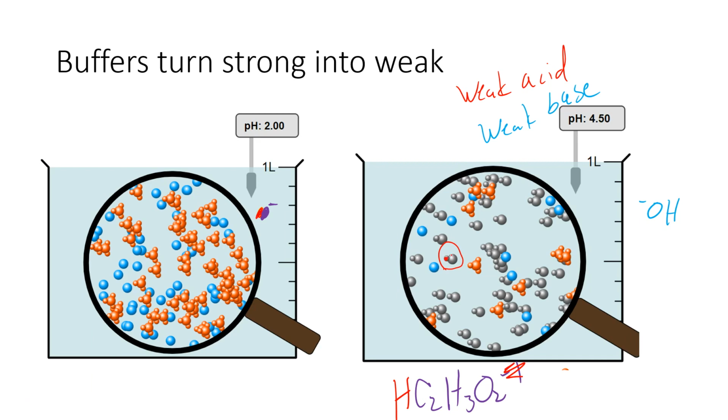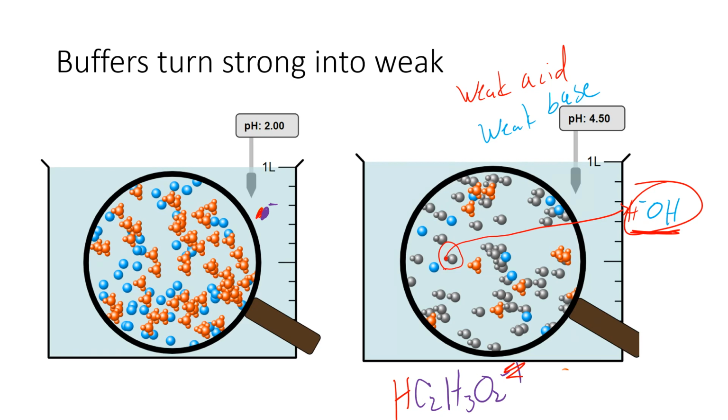It'll be like, oh wait, you're a strong base, here, take my H plus, and I'll make that into water. What'll be left behind now is this weak base, this acetate anion, which will then not be as severe a pH issue as OH minus. That's the best I can do.